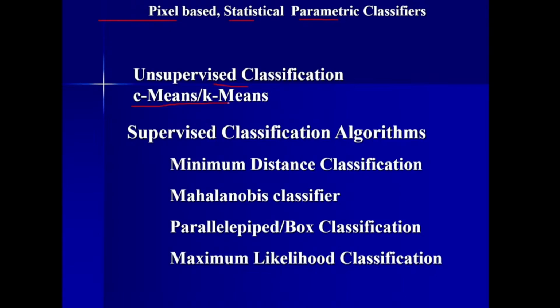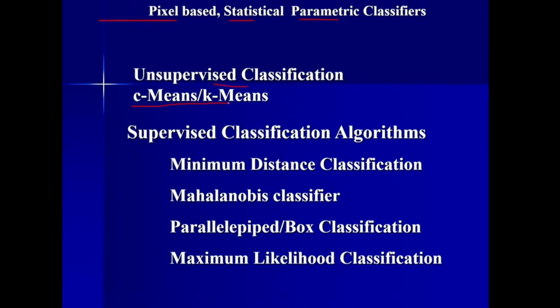The parameters can be the mean, the variance-covariance matrix elements, the minimum and maximum value in each band for the class, maybe the standard deviation. As per the requirement, if these parameters are in the algorithm, we can initialize them through training data, and then it is called supervised classification.